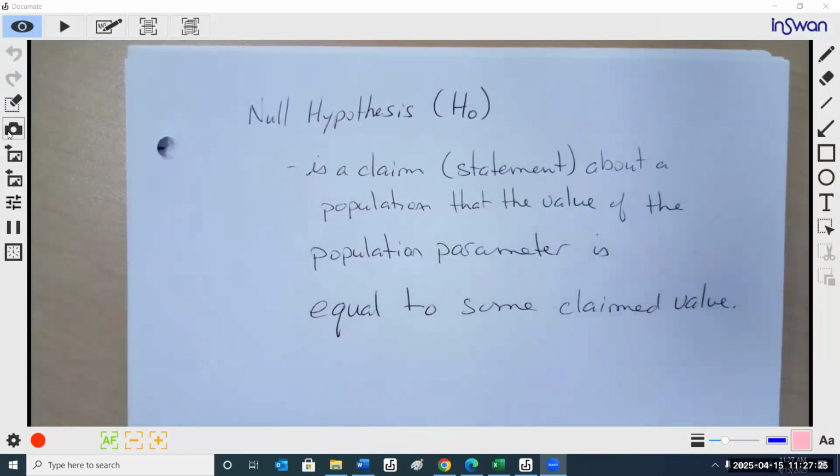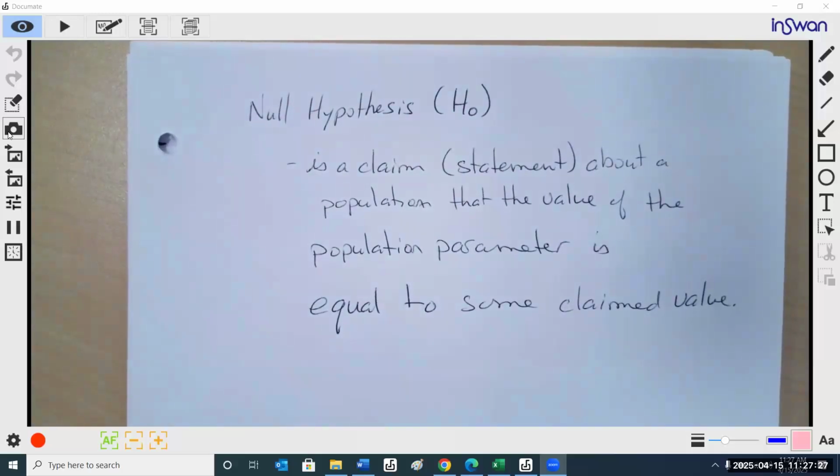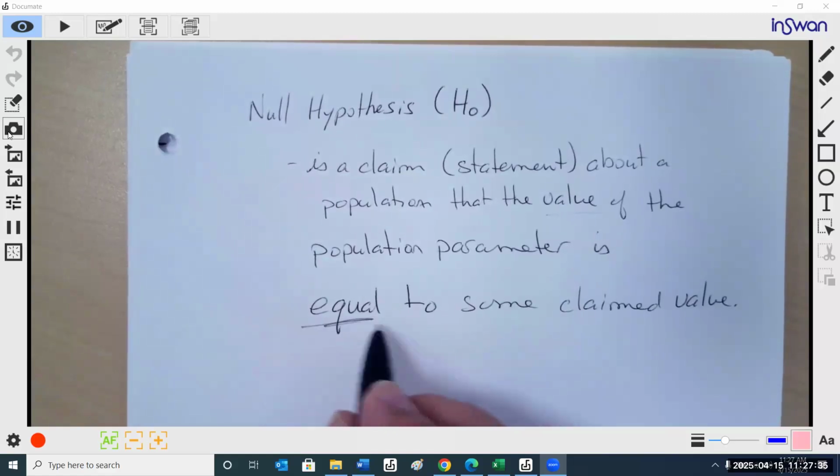Remember, your null hypothesis, it's a hypothesis. Yes, it's a statement. But the value of what you're looking at here is equal to some claimed value.